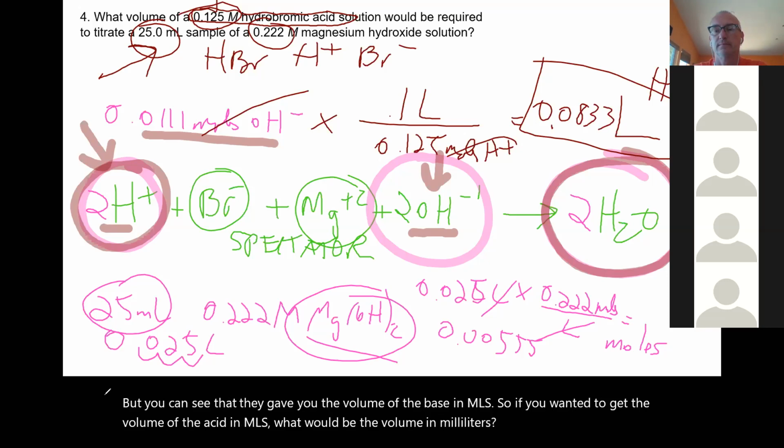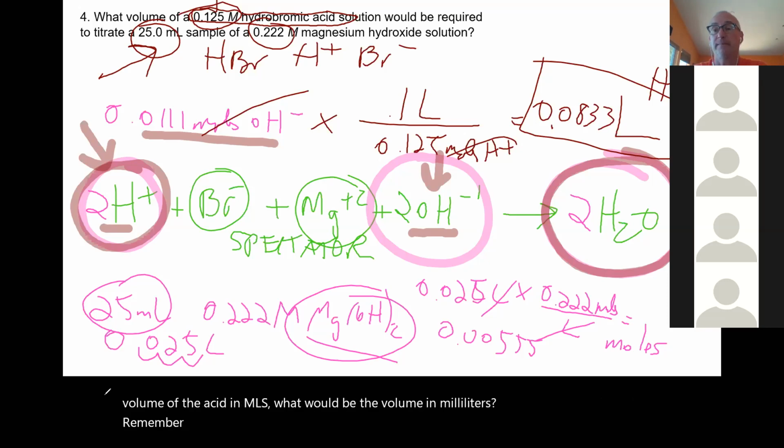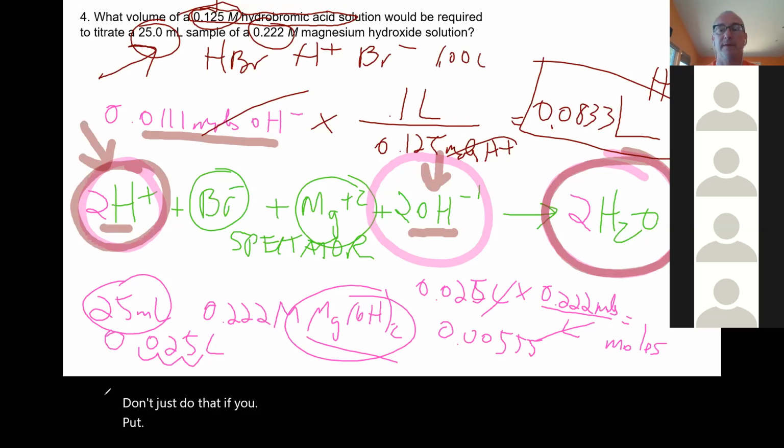Divide by 1,000. So remember, milliliters are smaller than liters. So the number of milliliters is larger. Yeah, multiply by 1,000. Well, don't just do that. If you multiply that by 1,000 milliliters is 1 liter.